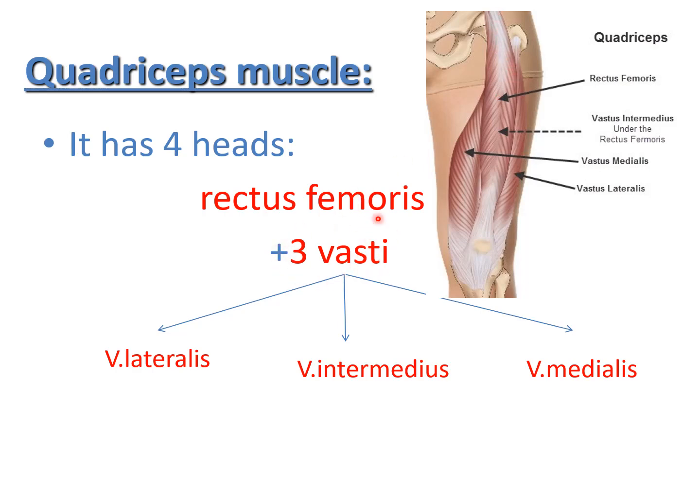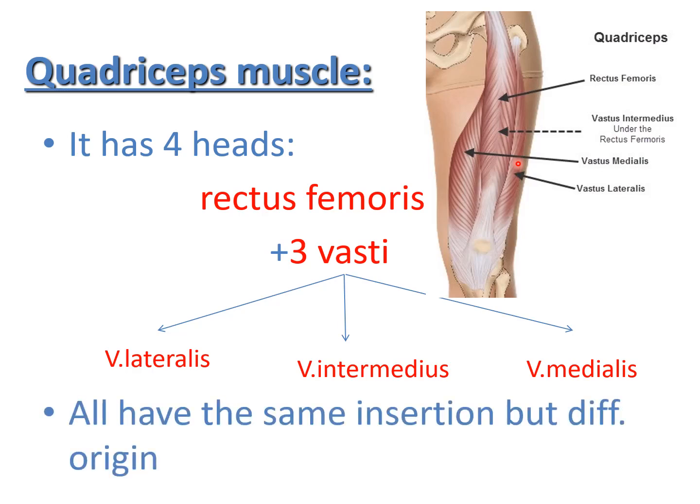The 4 heads of origin: one is called the rectus femoris, and this is the only head reaching the hip bone, while the other 3 heads are called vasti: vastus lateralis, vastus intermedius, and vastus medialis. This one is vastus medialis and this one is lateralis. Here, below the rectus femoris, you will find vastus intermedius.